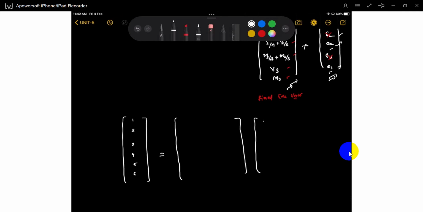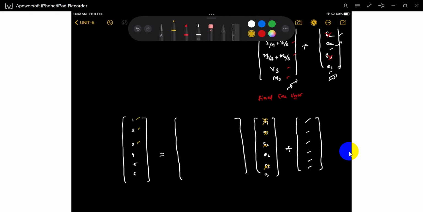Here also delta 1, delta 2, theta 2, delta 3, theta 3, plus these values are there. 1, 2, 3, 4, 5, 6. These 1, 2, 3, 4 are zeros. These values are there.